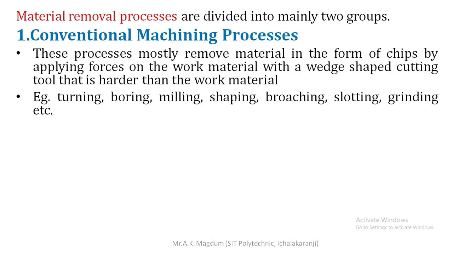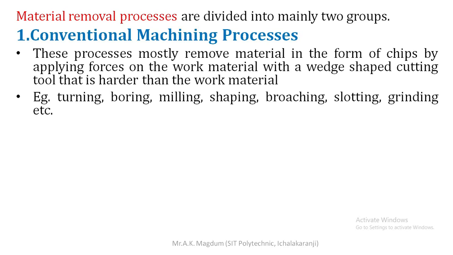So the basic condition is that the tool is harder than the workpiece. Then and only then are chips removed from the workpiece surface, and afterwards we prepare the shape and size of the component.